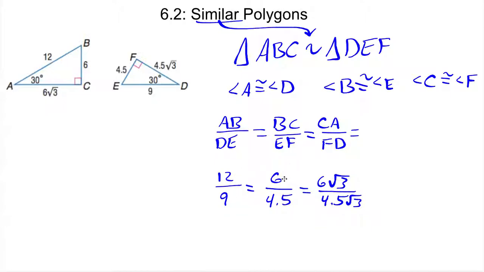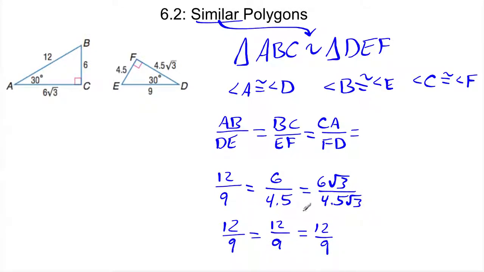But actually, if you look, 12 to 9 and 6 to 4.5 are pretty much the same thing, because if we multiply this fraction by 2 over 2, 6 times 2 is 12, and 4.5 times 2 is 9, we get 12 over 9. If we do the same thing here, realizing that we can cancel out those, we get 12 to 9.